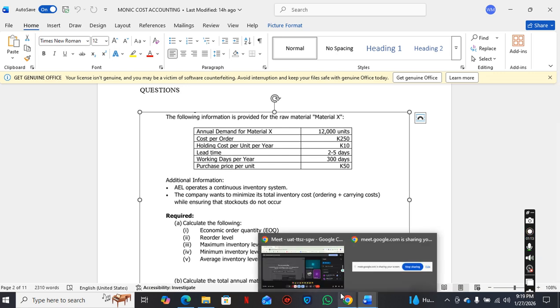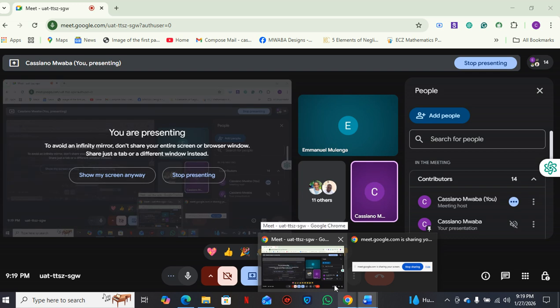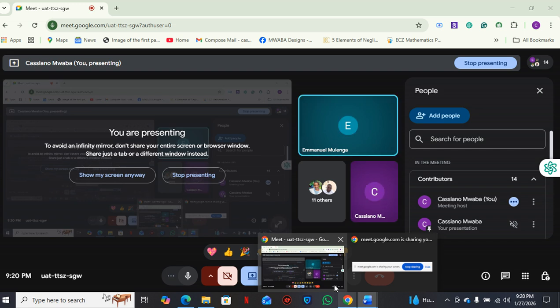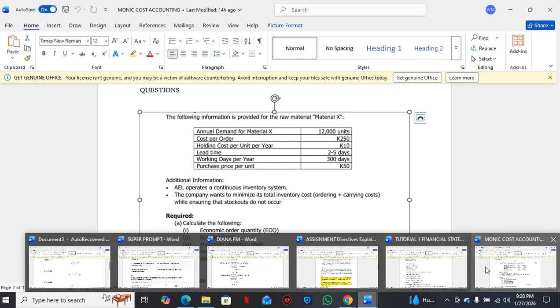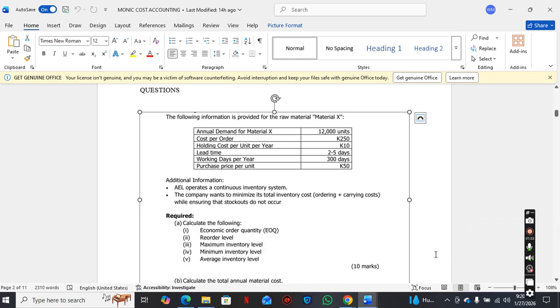Police. It's that serious. Mr. Kasono, Madam Sylvia. Good evening, sir. Lead time, no idea. When was this class? How many teachers were involved in lead time? Because I can't even remember this.